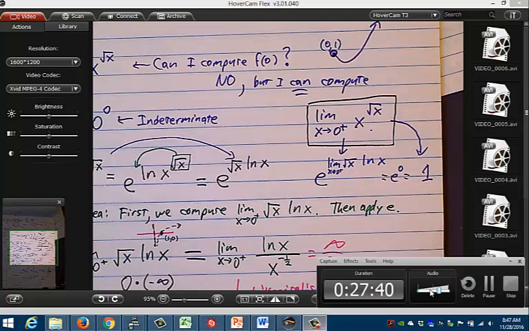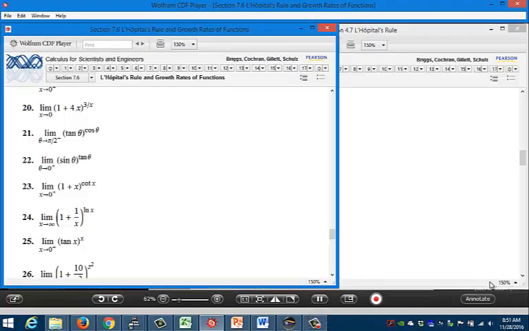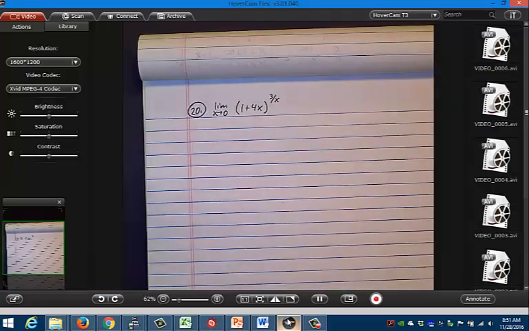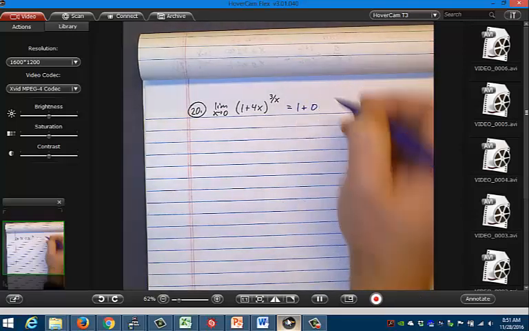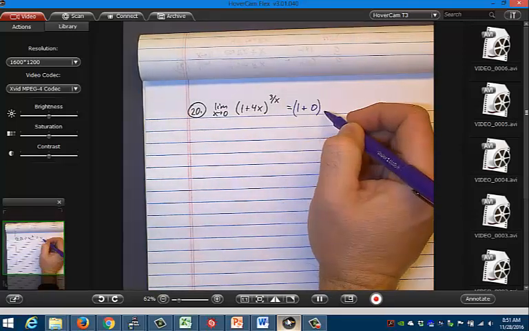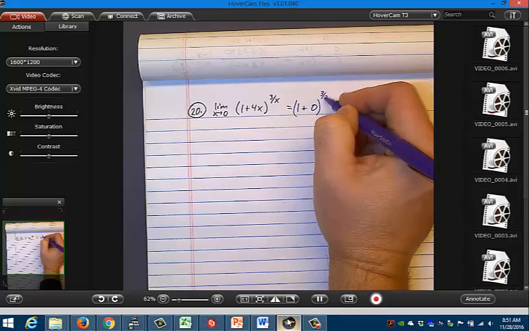So I'm going to go ahead and work on problem 20. There it is. Again, the first thing I do when I do limits is I try to substitute in and see what happens. And so I would get 1 plus 0 to the 3 over 0 power, right?